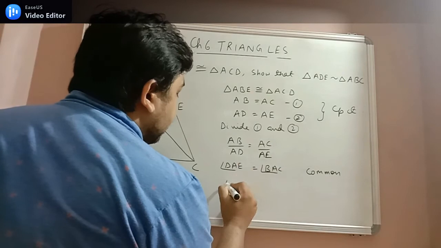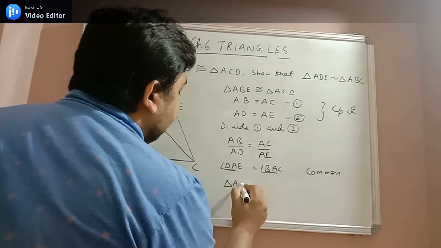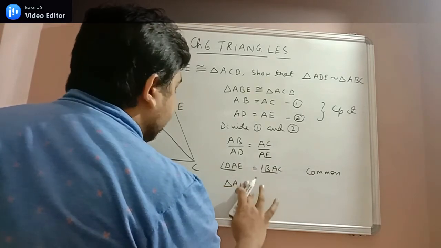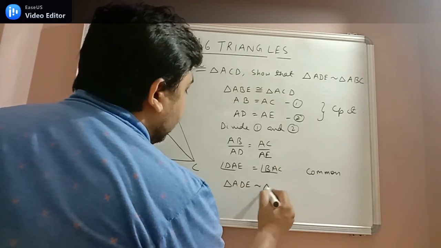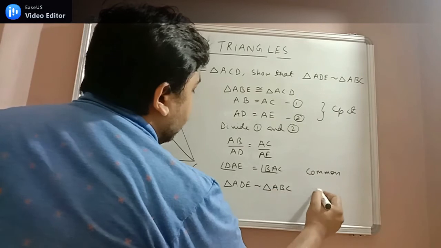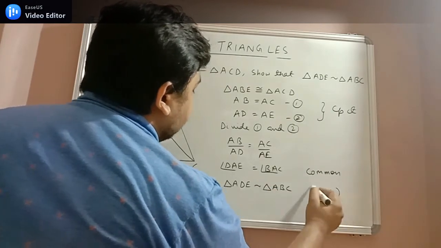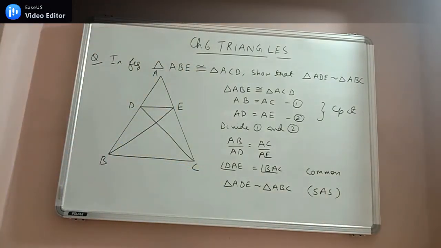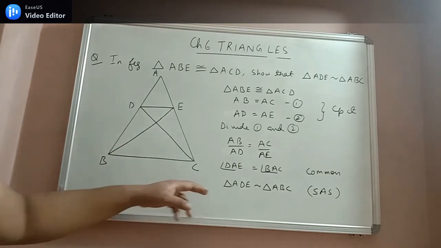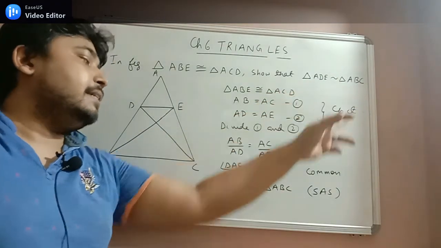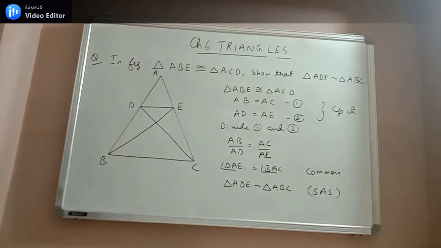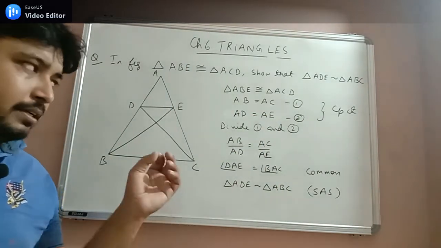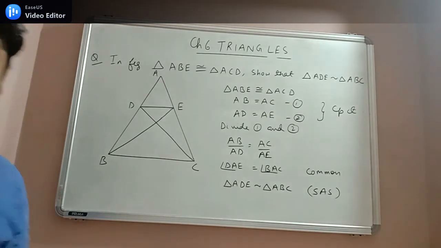So one can say that triangle ADE is similar to triangle ABC by SAS criteria. So by side angle side criteria we are able to prove that triangle ADE is similar to triangle ABC. I hope this is clear to everyone. Let's take up some more questions.